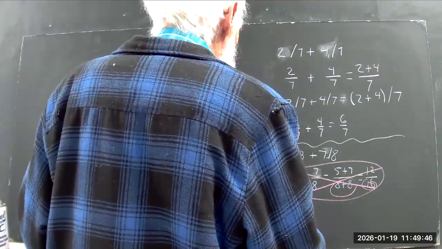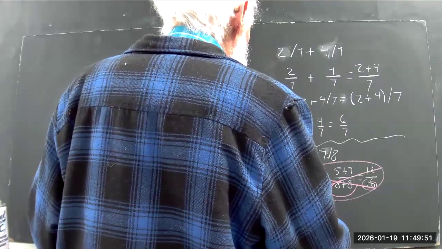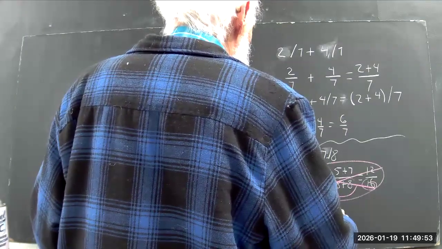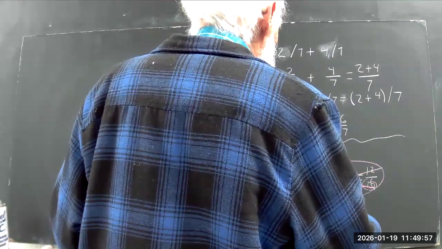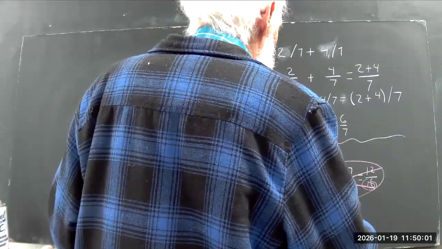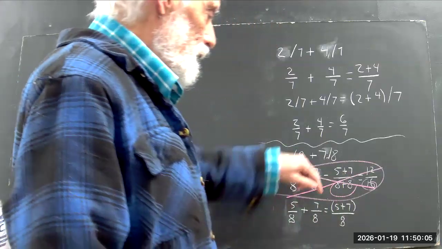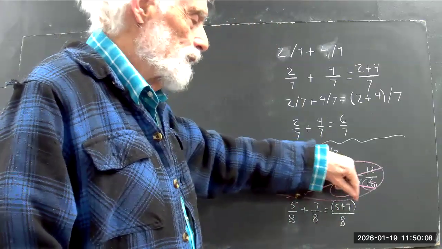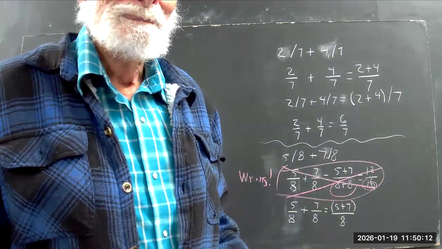And of course, everybody knows what to do. So we got our 5/8 plus 7/8 equals the quantity 5 plus 7, the quantity over 8. Now, when I say the quantity 5 plus 7, the quantity, it is easier to say than parentheses. You don't spit on people when you say quantity.